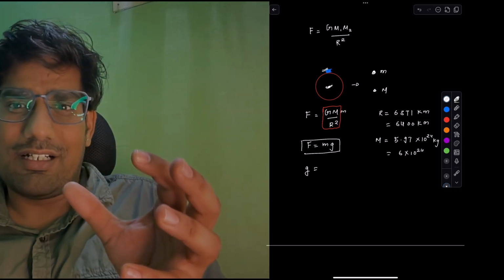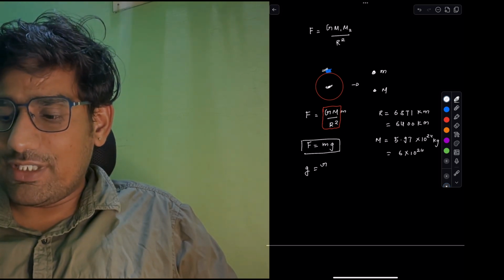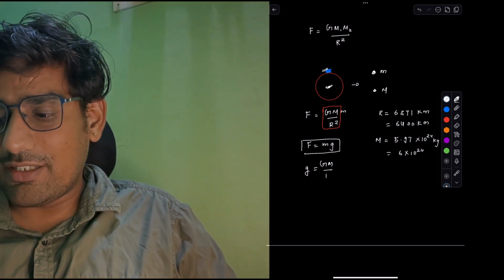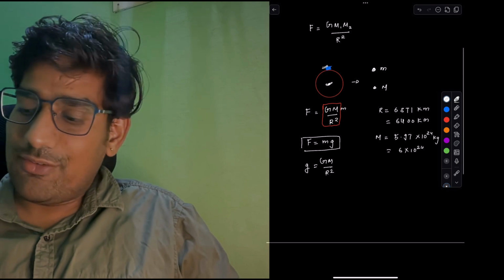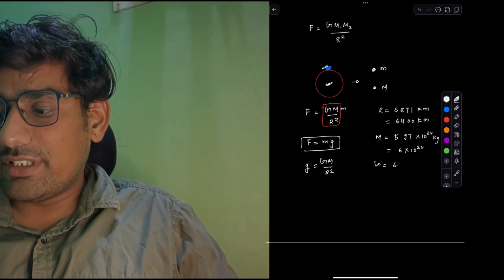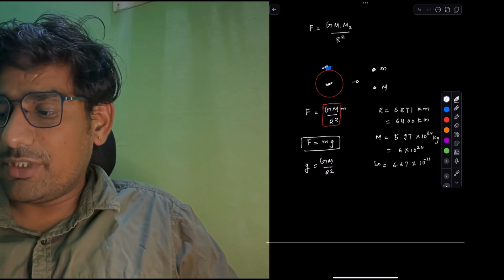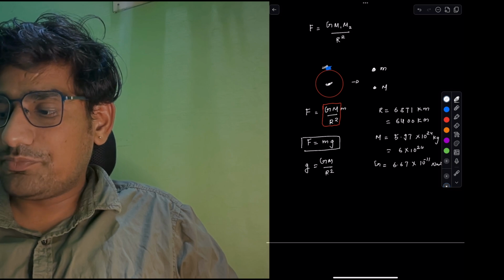So a is the acceleration here, and g is the acceleration because of the Earth's gravity, that is GM divided by r square. Now G is the gravitational constant, whose value we know is 6.67 times 10 to the power minus 11, and the unit is Newton meter square per kilogram square.